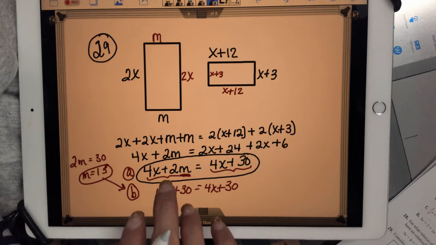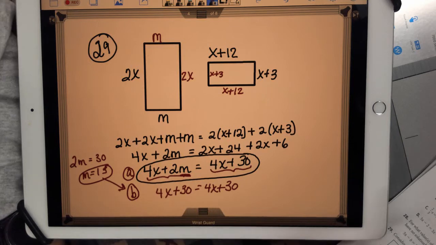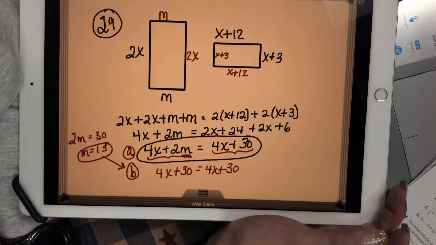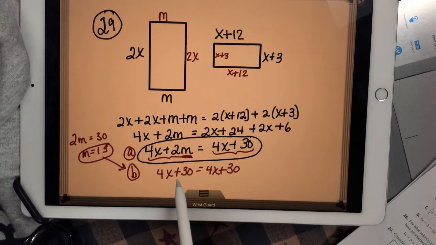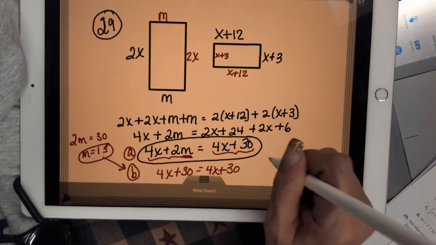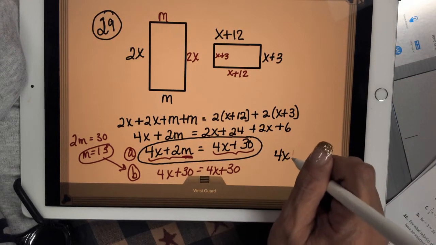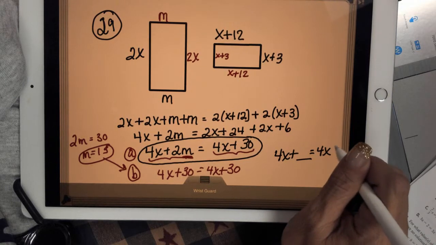C, for what values of m will your equation have no solution? Think about that. How would I get no solution? To get no solution, I need it to be 4x plus something equals 4x plus 30.